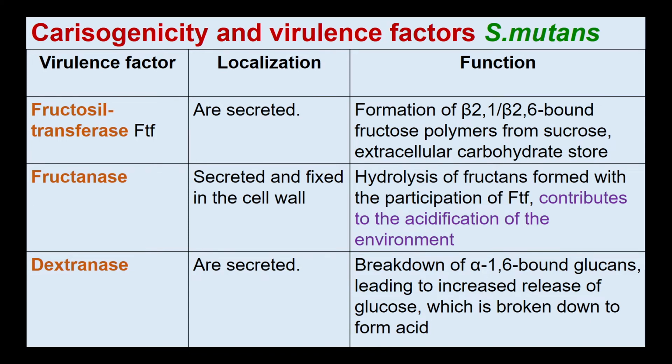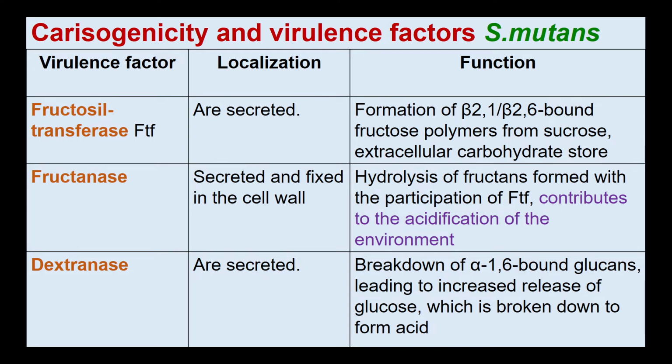The next virulence factor, fructanase, maybe secreted, maybe fixed in the cell wall. Its function is hydrolyzing fructans formed with the participation of fructosyltransferase, which contributes to acidification of the environment, and as a result also lowers pH.